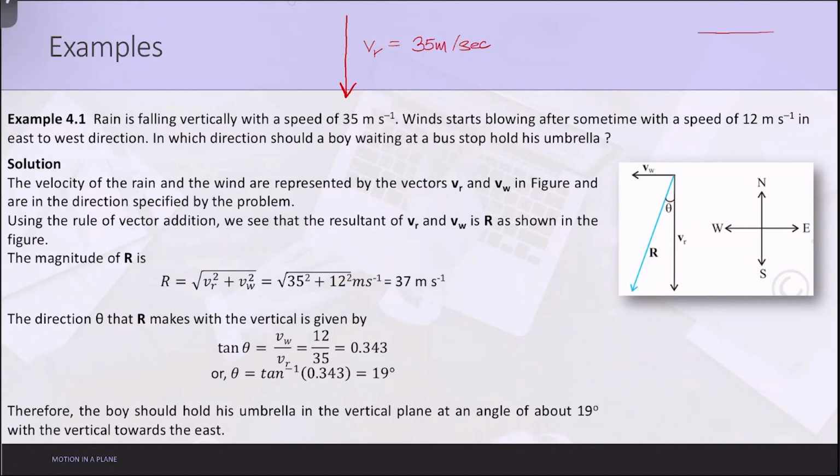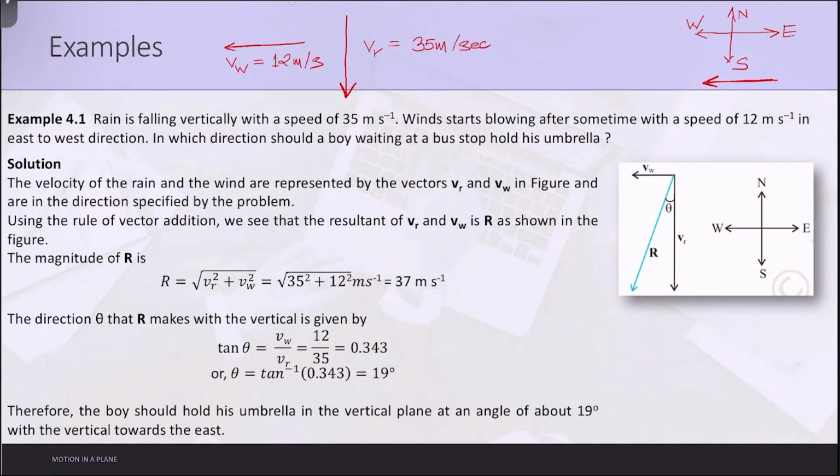Please remember, top is north, below is south, left is west, and right is east. What is the direction of wind given in the question? It is given as east to west. So this will be the direction of your wind. We can denote it as VW. The magnitude of VW is given as 12 meter per second.